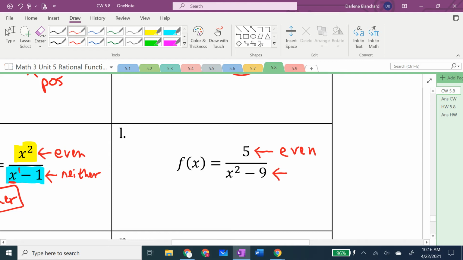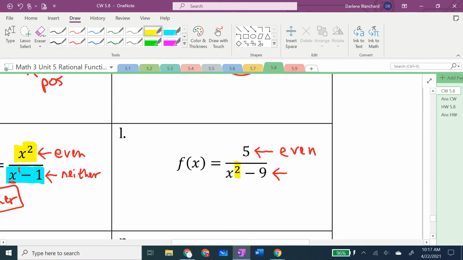The denominator, is it even, odd, or neither? I've got an even exponent and a constant. So actually, for in class, is it even, odd, or neither?